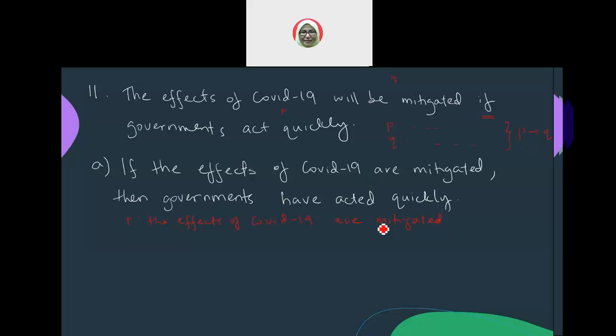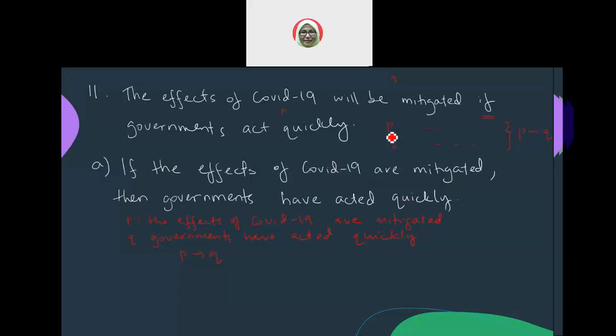Right, mitigated. So Q, governments have acted quickly. So this one is P implies Q, right?